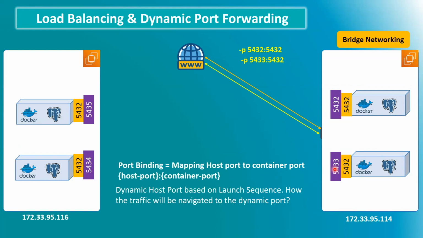And if that port is dynamic, then how are you going to get the host port beforehand and communicate the host port to other applications? Because you will not get the dynamic host port until the container is launched. This can cause issues when you have multiple containers needing to expose the same port. You must be thinking, do I have to hardcode the host port and the port binding in the Docker file?